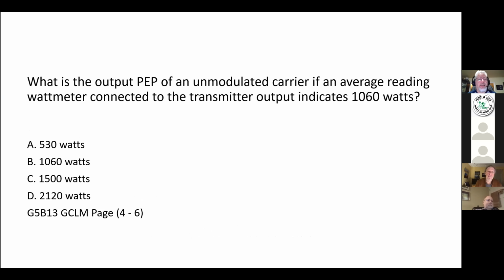What is the output peak envelope power of an unmodulated carrier if an average reading watt meter connected to the transmitter output indicates 1060 watts? A, 530 watts, B, 1060 watts, C, 1500 watts, or D, 2120 watts.